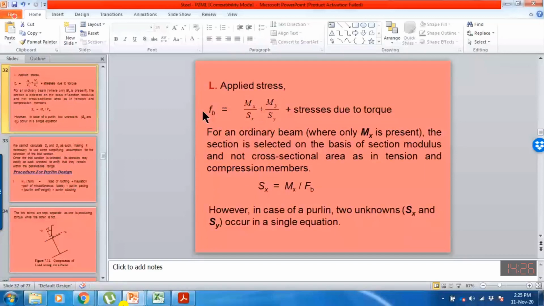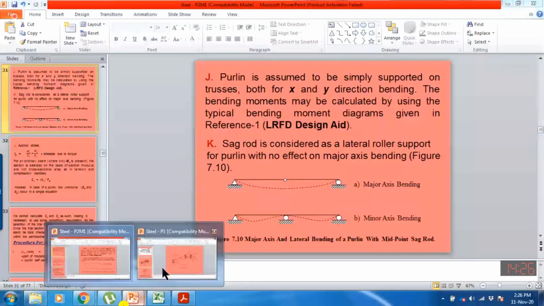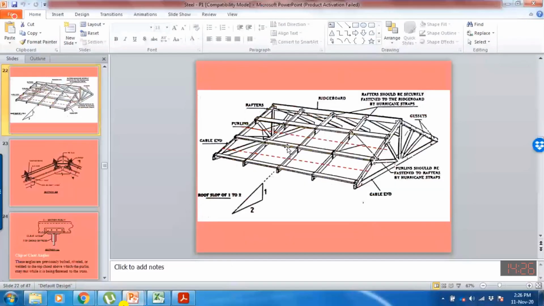So in this case, we are assuming that our purlin is simply supported between two trusses, both in the downward direction and in the lateral direction. Why in the lateral direction? Because this purlin is subjected to biaxial bending, because the applied load is inclined, so we need to convert the load into two components, one acting in the lateral direction and one in the gravity direction.